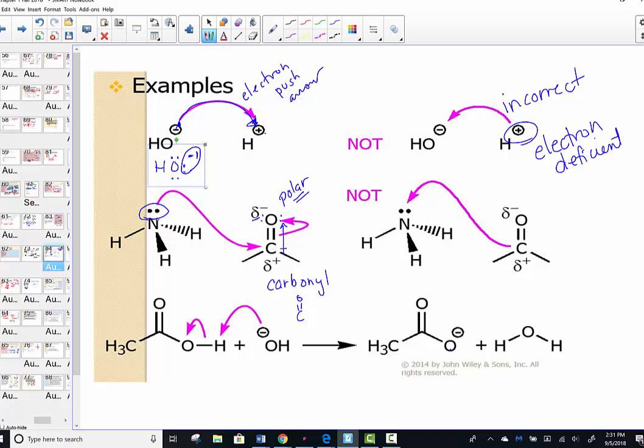This pair of electrons, remember the arrow originates at the electrons that we're moving, and it will point to the positive region that you're attaching to. You would never see a positive carbonyl moving its electrons. This is electron deficient.